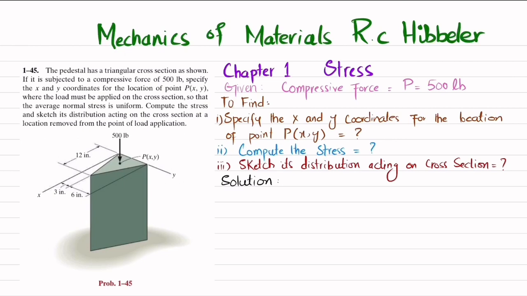So let's start with the solution. So you know that this is a triangle, clear, and this is its x-axis and this is its y-axis, that is shown over here.